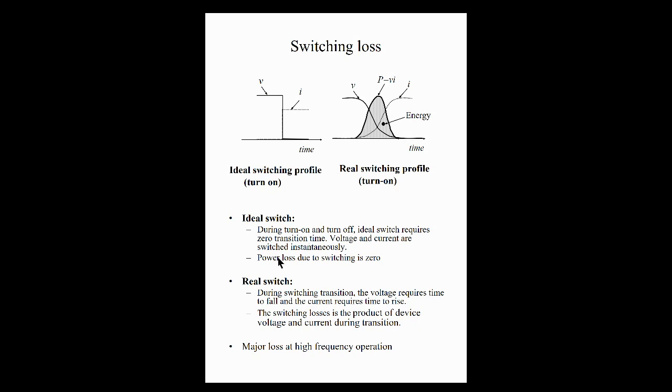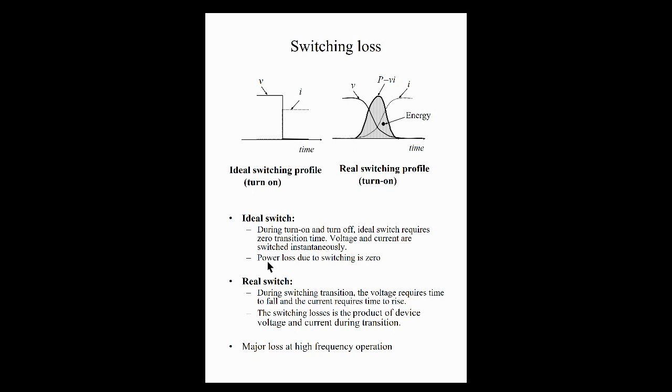So we can summarize this result here, for the turn on and turn off. The ideal switch will require 0 transition time. I have shown you that just now, and you have seen that the voltage and current switch instantaneously. That was shown to you in the profile on the top left-hand side.